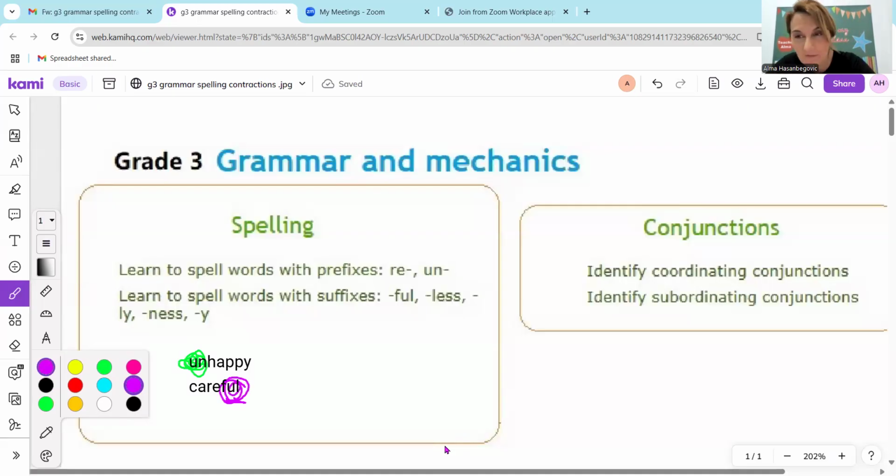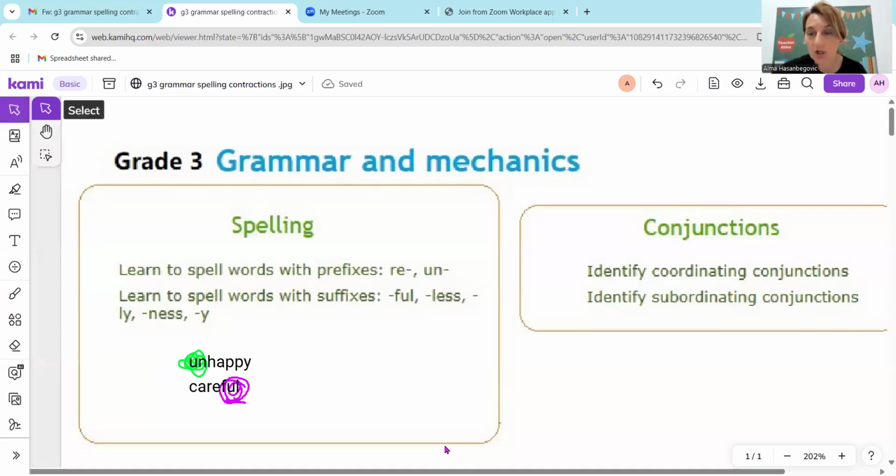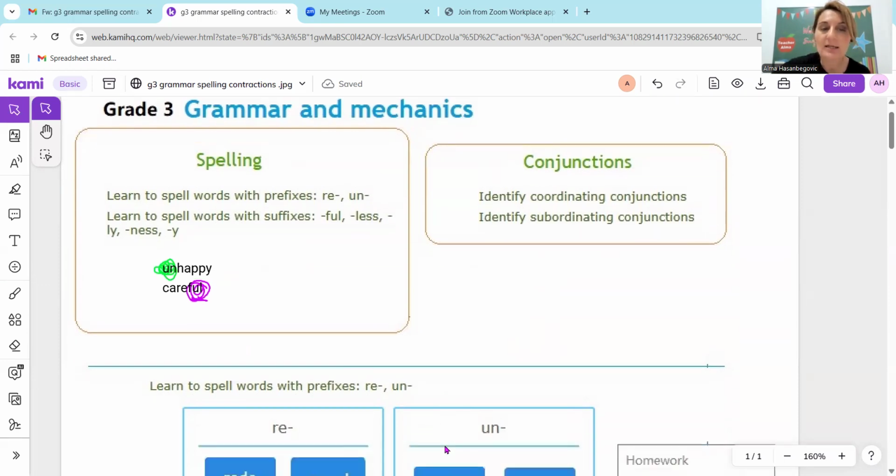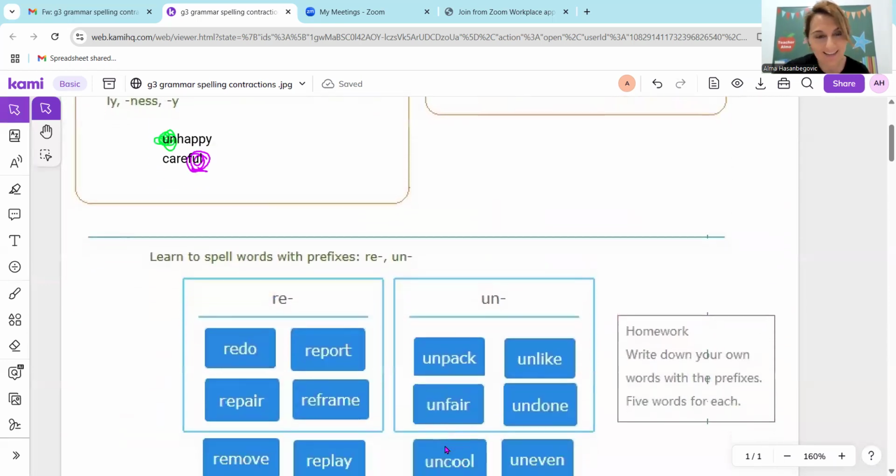This is a suffix. So once again, the prefixes come before the word and suffixes come at the end of the word. So today we are going to be talking about some prefixes and some suffixes. We are also going to be talking about conjunctions, both coordinating conjunctions and subordinating conjunctions. So let's go ahead and get started.